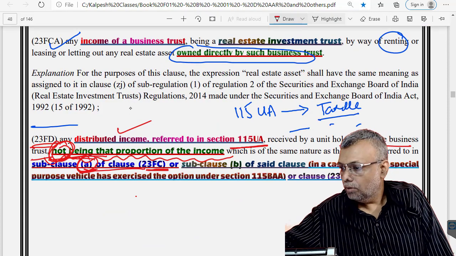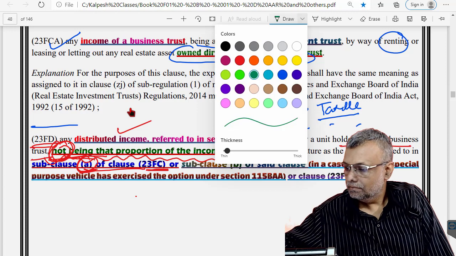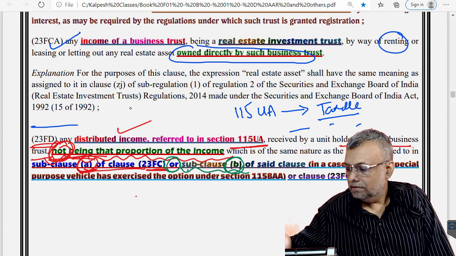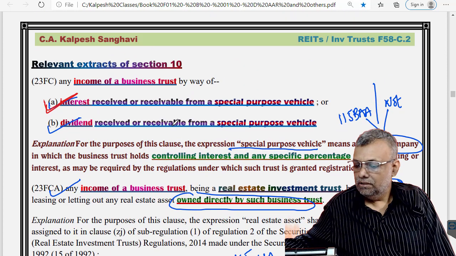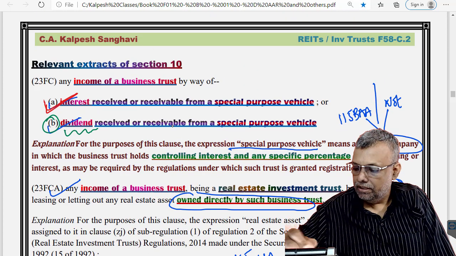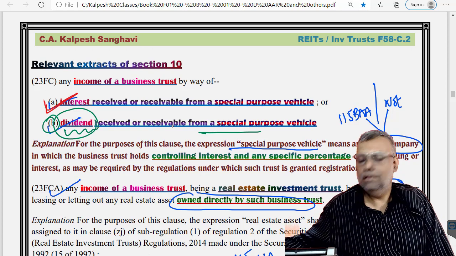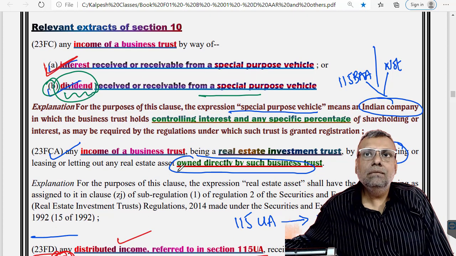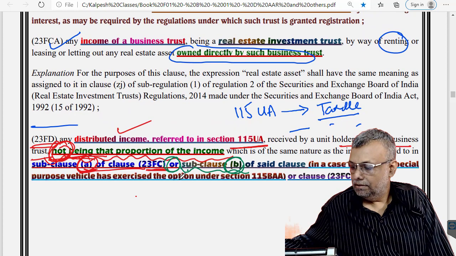Now the problem comes. Subclause B. What is this subclause B? This subclause B is a dividend income from a special purpose vehicle. So this will not be exempt, that means this will be taxable.